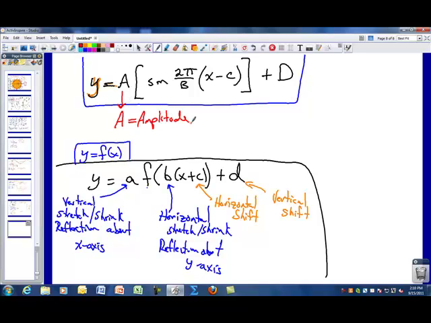And we've already defined amplitude as max minus min divided by 2. The B on this one is the period. Likewise, this is just the shift, or sometimes we say the translation. This is shifting it horizontally, and this one is shifting it vertically.